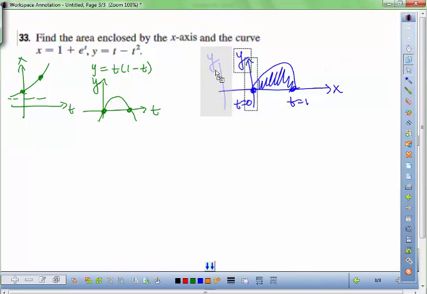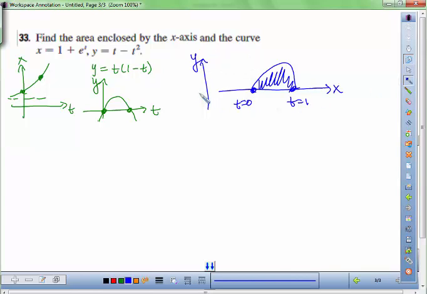So what if we just move this? So this is your x-axis, and when x is equal to 0, that's this point over here. x is equal to 2 gives you this point, and then x is equal to 1 plus e gives you that other point where it lands back on the axis.